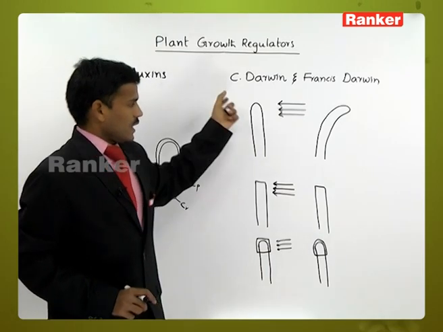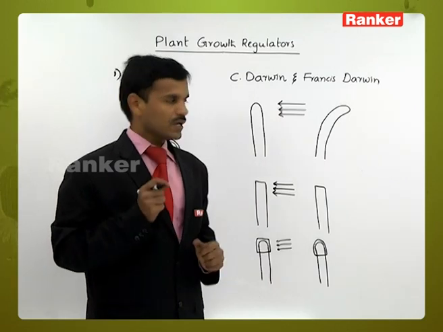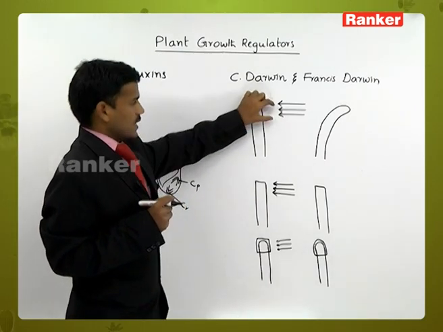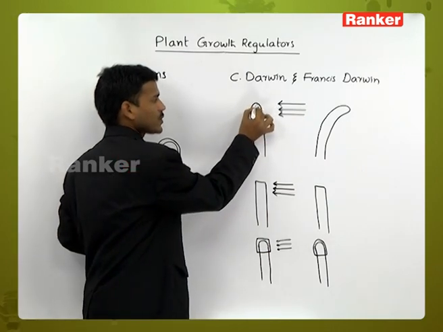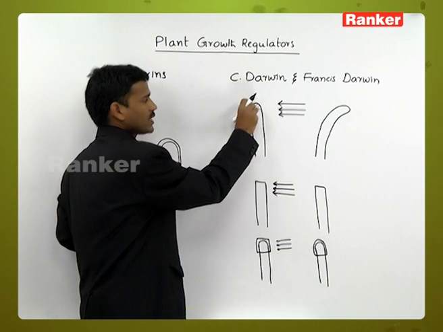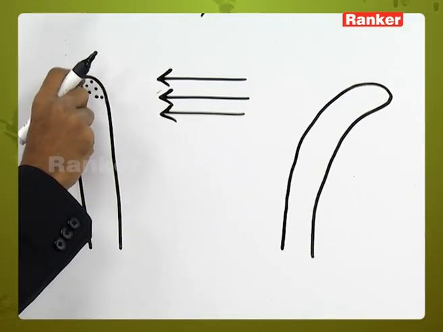So later, after a number of experiments, they concluded that in the presence of light, in the coleoptile tip, something is produced. This tip is receiving the light and showing the response to light.